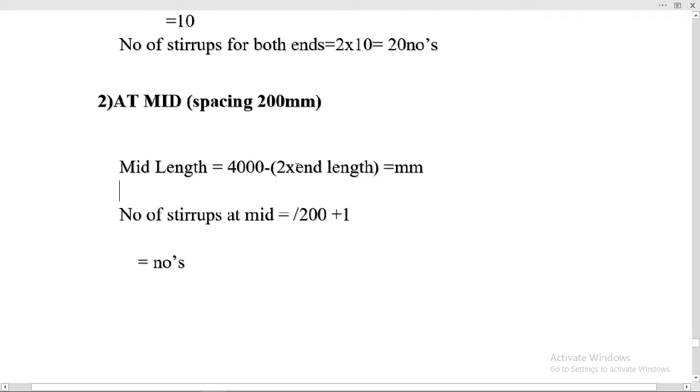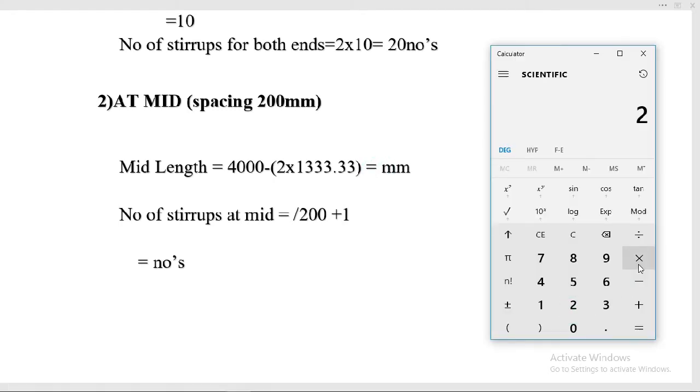One end length is 1333.33 millimeter, multiplied by 2 because we subtract two end lengths from the total length. This will give us the mid length of the column. So let me calculate it on the calculator.